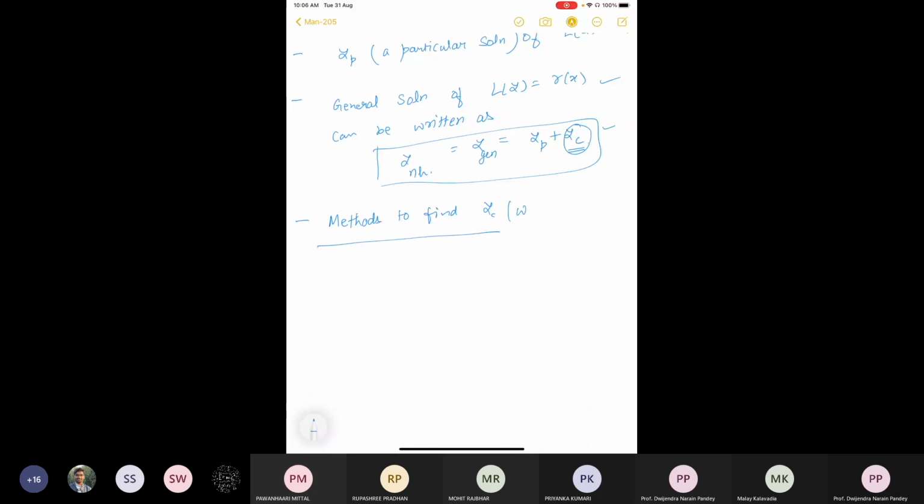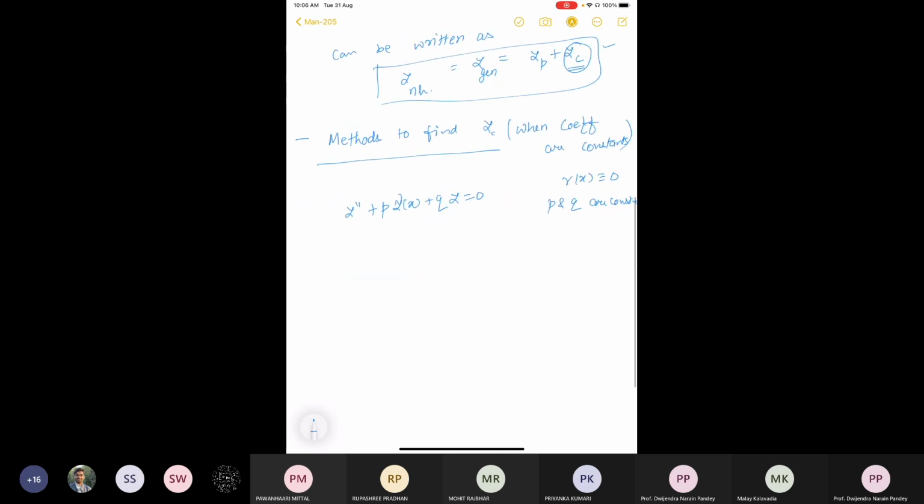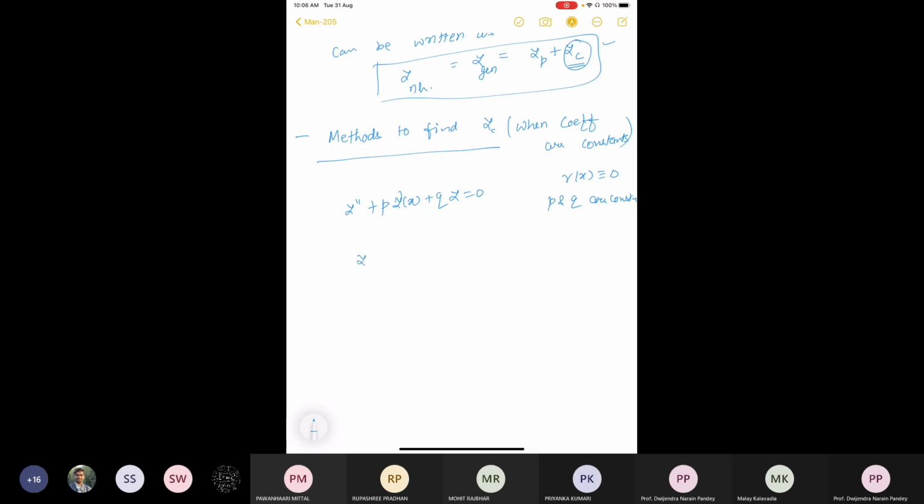Now, when coefficients are constant, we have y double dash plus p y dash plus q y equal to 0. So R(x) is identically 0, and p and q are constant. We have discussed that the solution of this can be assumed in the form e to the power mx. Why?